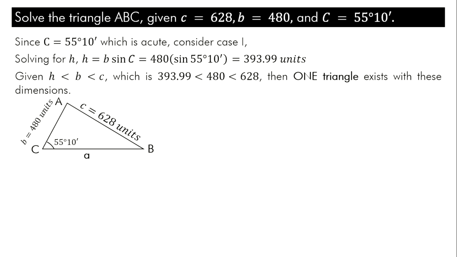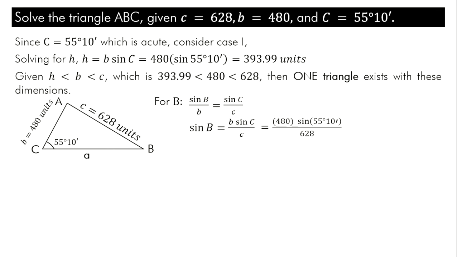And then for the angle B, we have sine B over B is equal to sine C over C, since we have the given angle C and side C. So from this, let's solve for the angle B. So in solving this angle B, we have sine B is equal to B sine C over C. Then let's substitute the side B, side C, and angle C. So we have 480 times sine 55 degrees 10 minutes all over 628.